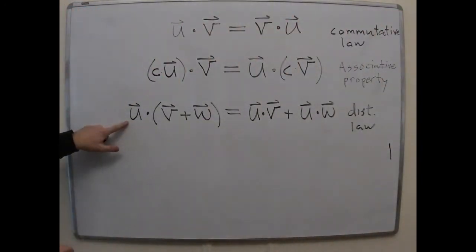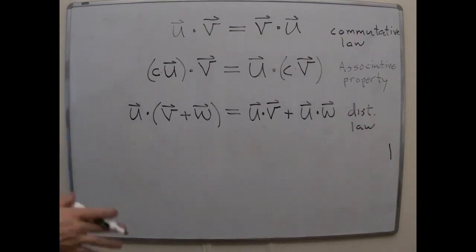So I'm going to write coordinates for all of these things, and we're going to do not the geometric thing with the cosine of the angle and their lengths, just the raw multiply and add operations.